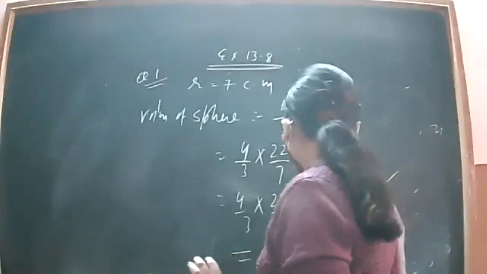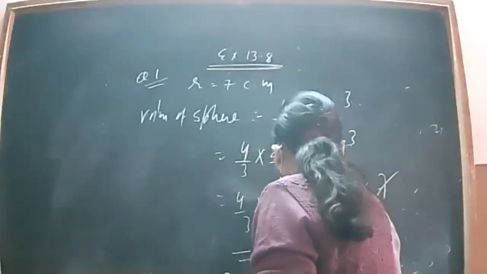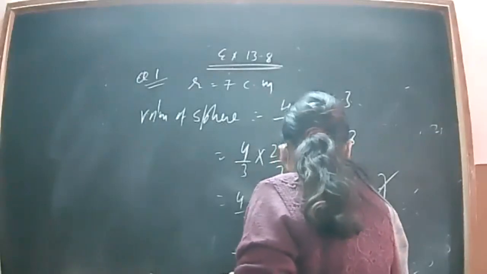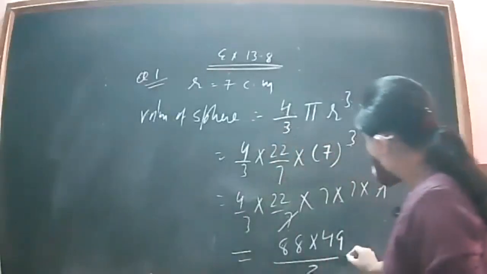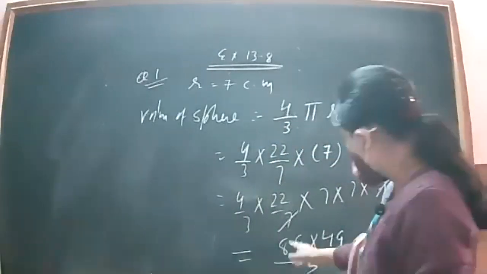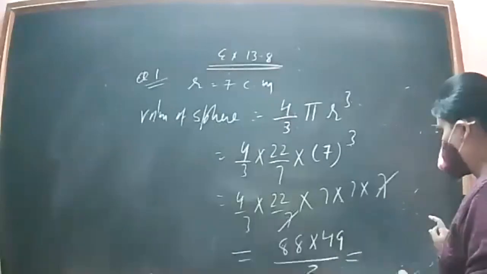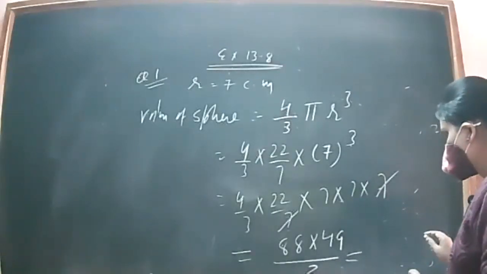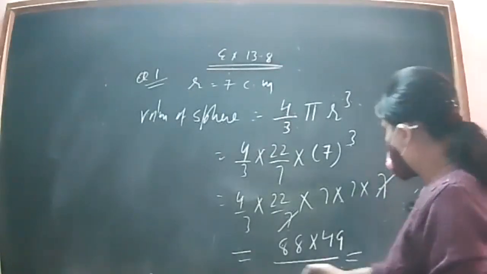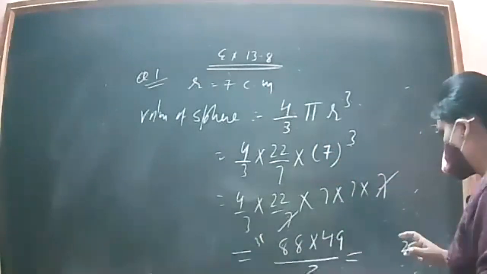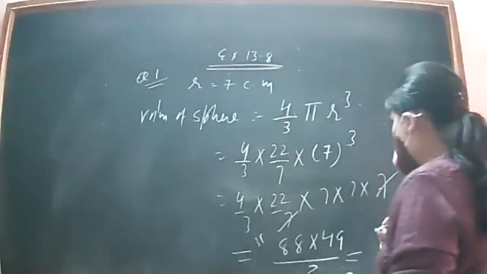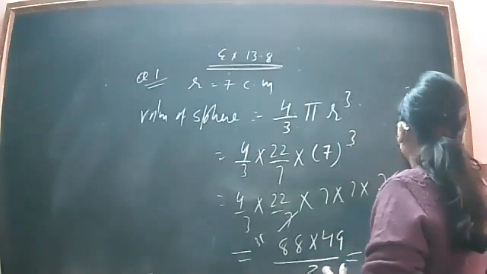So we are having 88 into 49 over 3. So this is 49 8s are 392, plus 39.